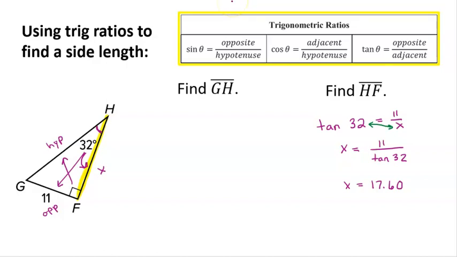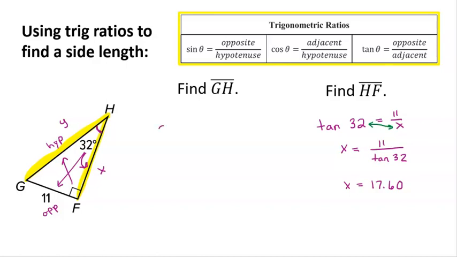All right, now let's switch over to GH, which is now our hypotenuse. So now we're looking for this side here, and I'm just going to name that Y. And so now I have the opposite side and my hypotenuse, which is going to be my sine function.